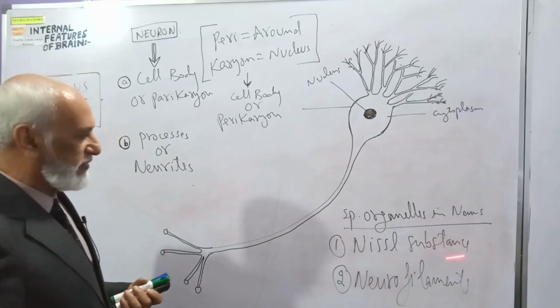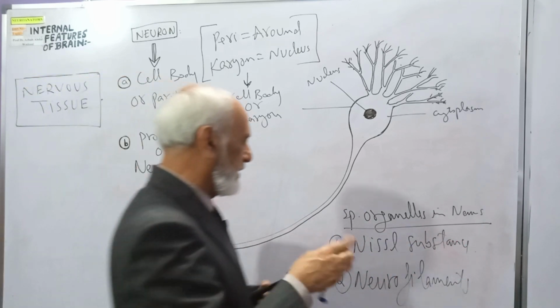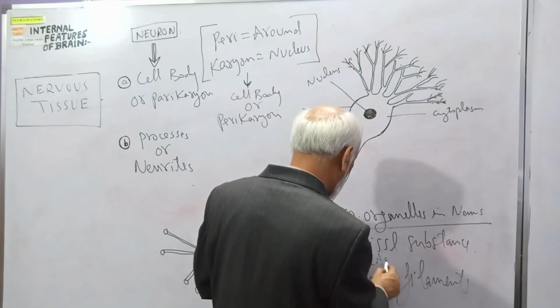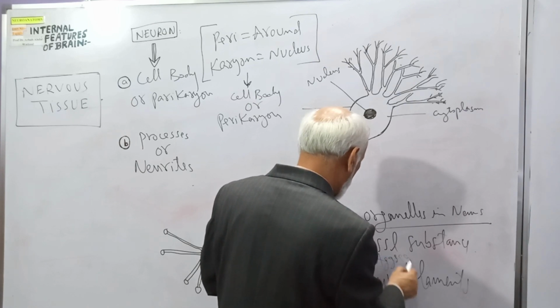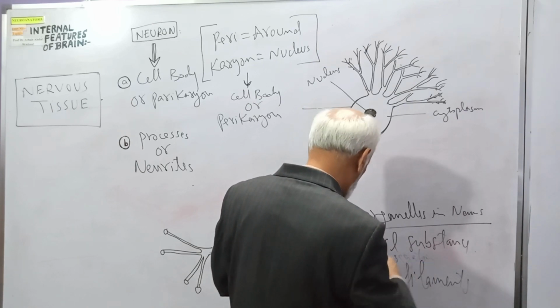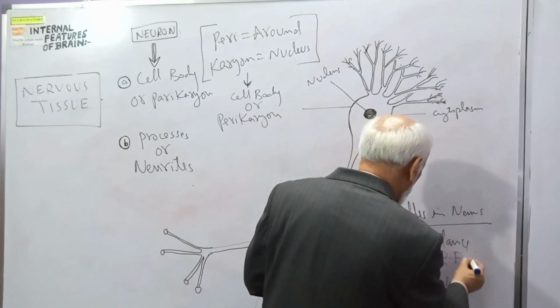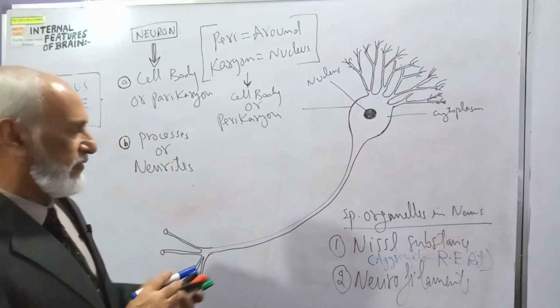That is nissl substance and neurofilaments. Nissl substance is an aggregation of rough endoplasmic reticulum.